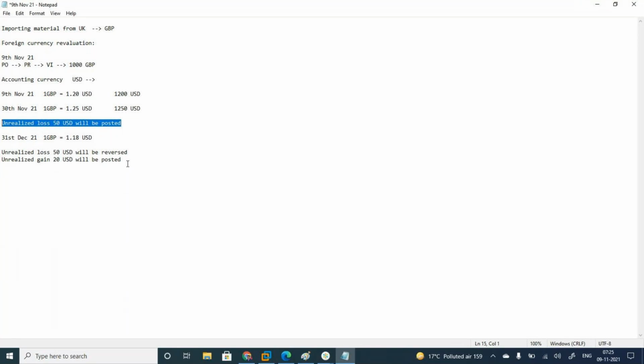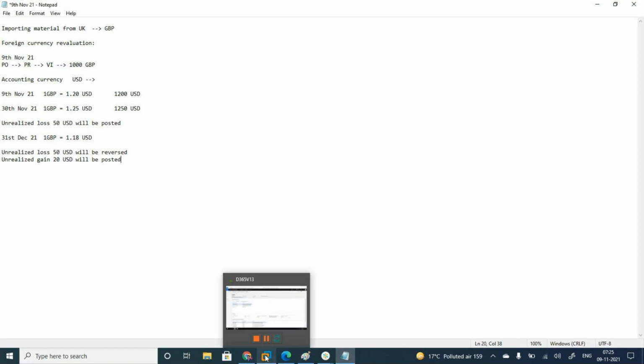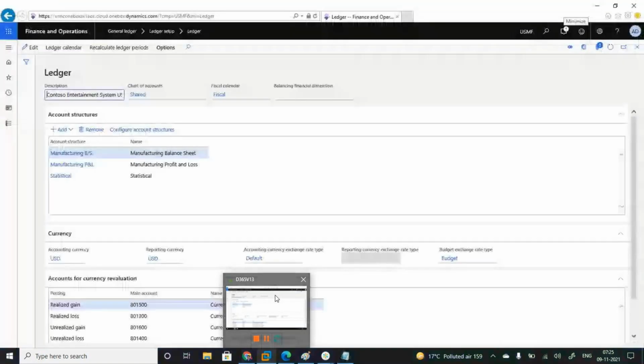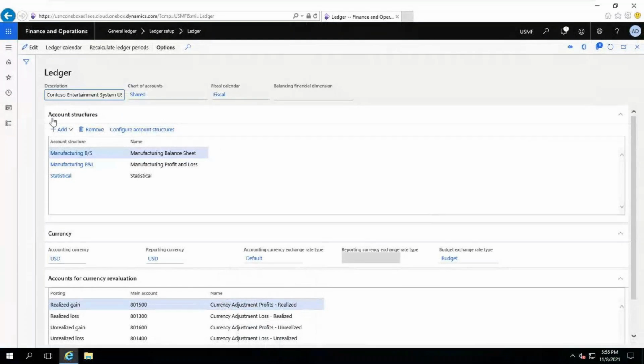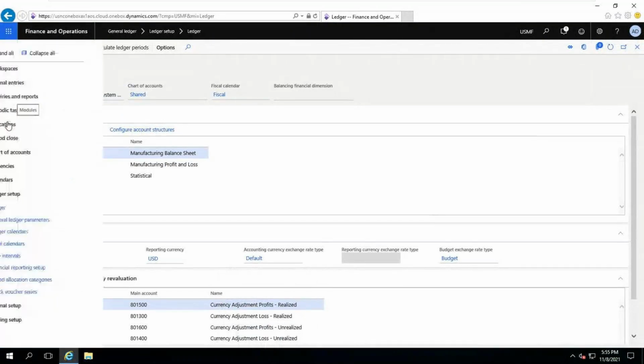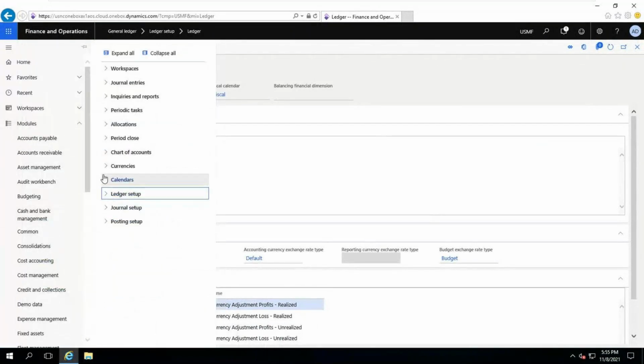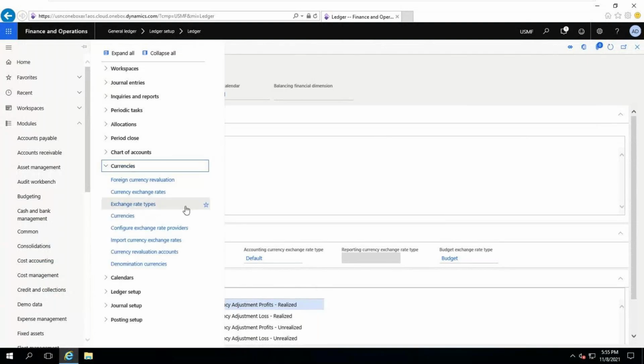So Satya, in this application, will the current global currency rate be updated automatically? Will there be any provision for that, or does it have to be updated manually? Okay, there are two options. One is we can enter exchange rates manually in the currency exchange rates.